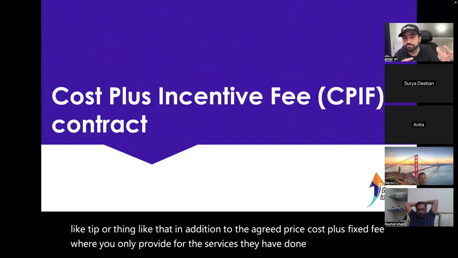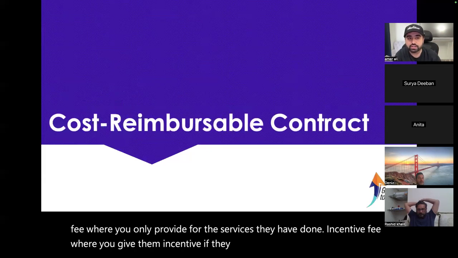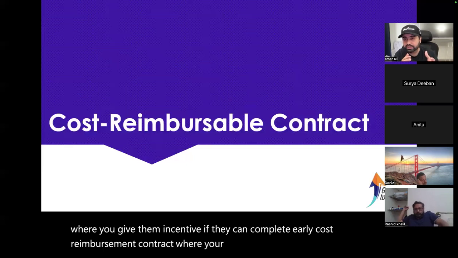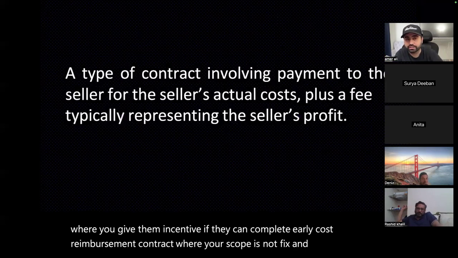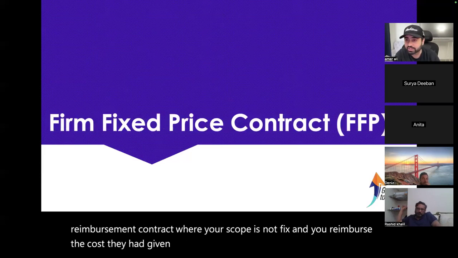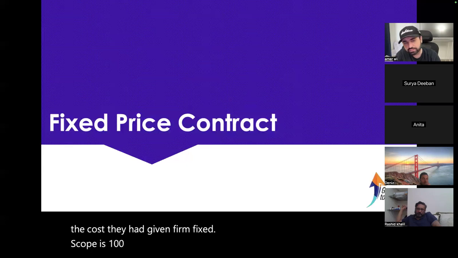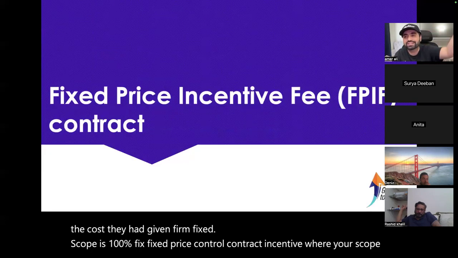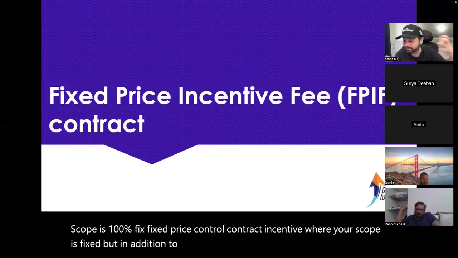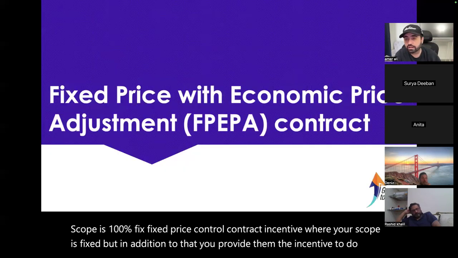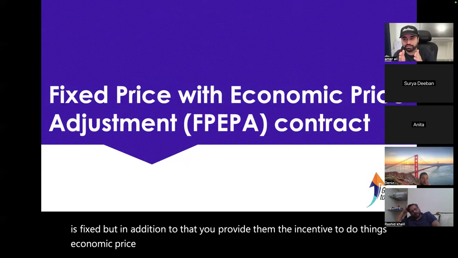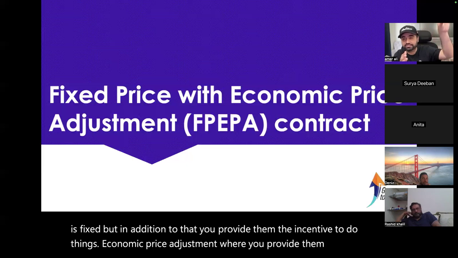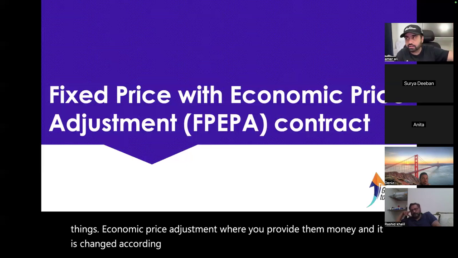Incentive fee is where you give them an incentive if they can complete early. Cost reimbursement contract is where your scope is not fixed and you reimburse the cost they have incurred. Firm fixed price is where scope is 100% fixed. Fixed price incentive is where your scope is fixed, but in addition you provide them an incentive to do things. Economic price adjustment is where the money you provide changes according to inflation and things of that nature.